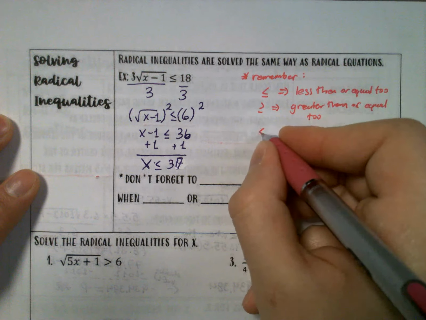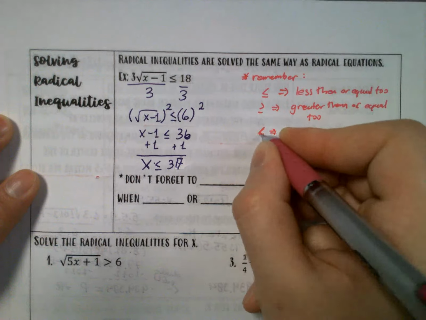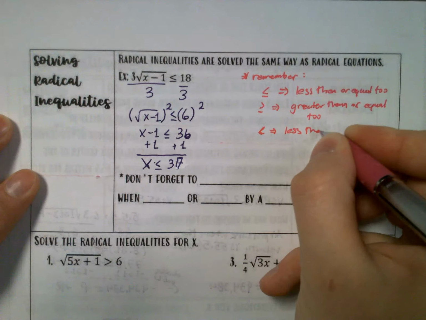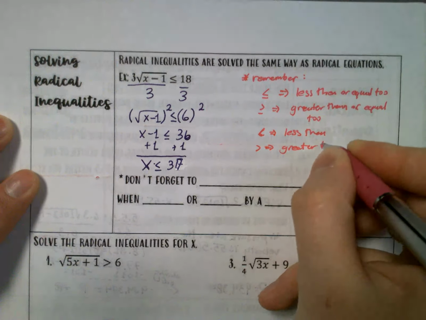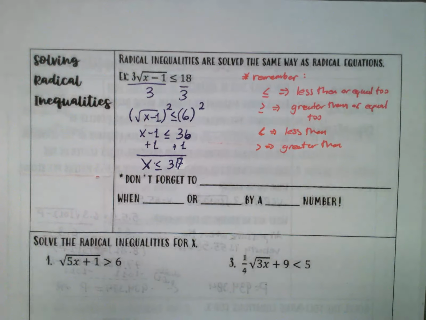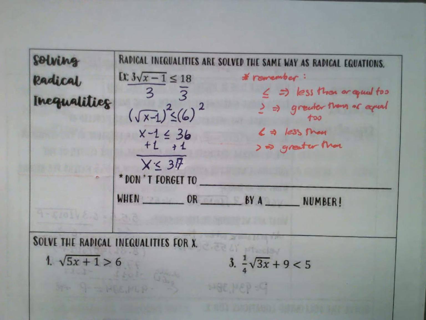Then you just have less than, greater than. So those are just a review of the symbols. This should be nothing new. You should remember covering this back in your previous math course.